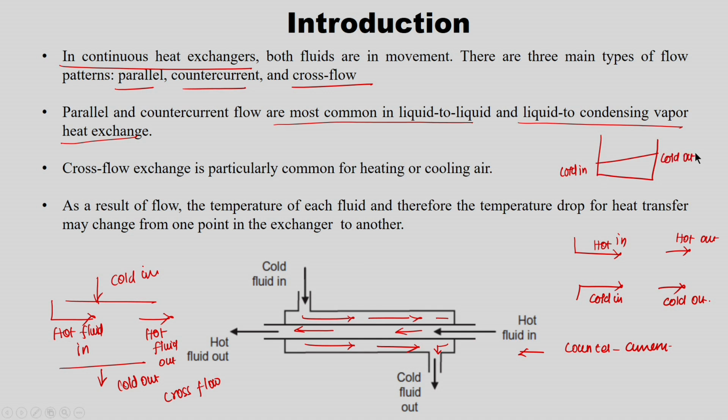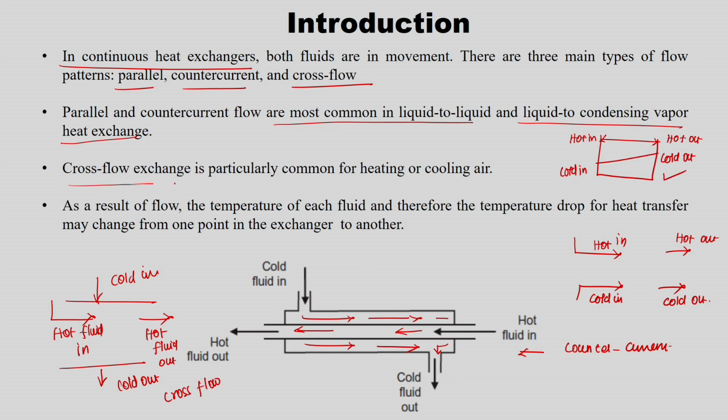In latent heat exchange there will not be any temperature difference, so this is the steam temperature, hot in and hot out. There will not be any temperature difference in the steam. So parallel as well as counter current flow are most common in liquid or liquid to condensing vapor heat exchange.